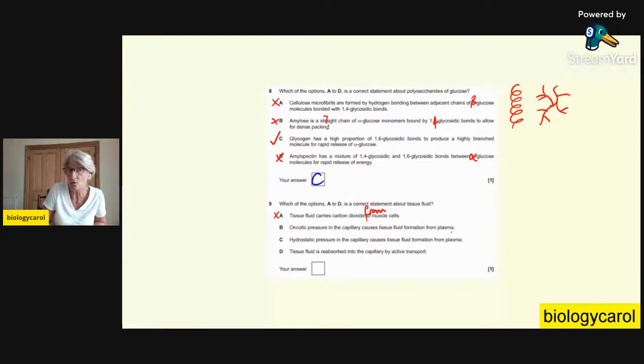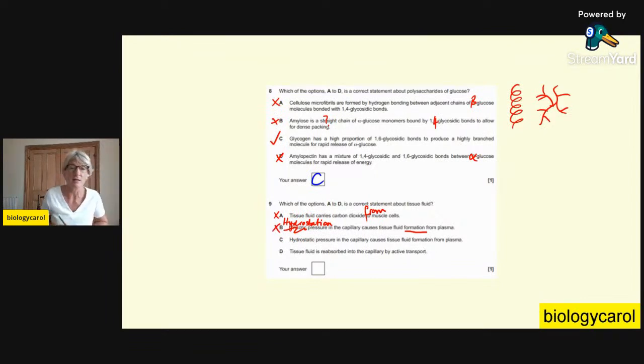This is not what causes tissue fluid formation. It is hydrostatic pressure that causes the formation of the tissue fluid. Oncotic pressure causes the water in the tissue fluid to move back into the capillary at the venous end of the capillary so that the blood volume is kept the same.